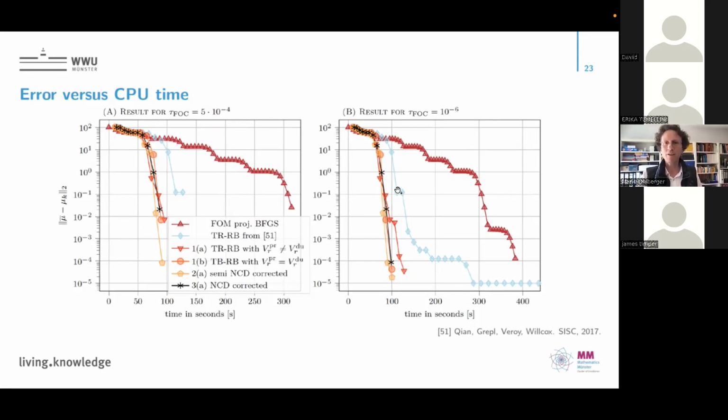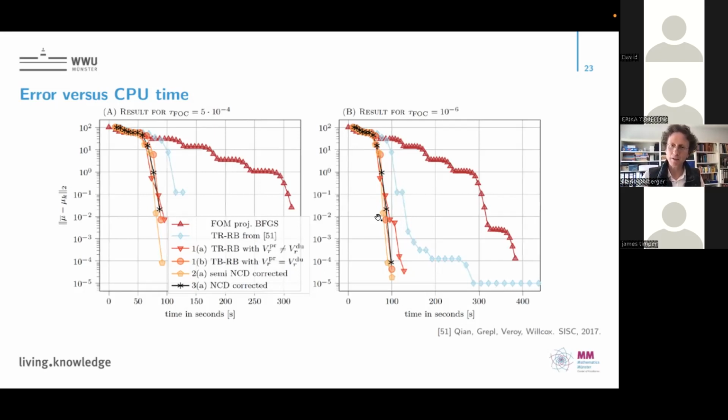The difference between our approaches and the approaches in this paper comes from this correction in the reduced objective functional and the optimal a posteriori error estimates, which gives us this speed up in the method.